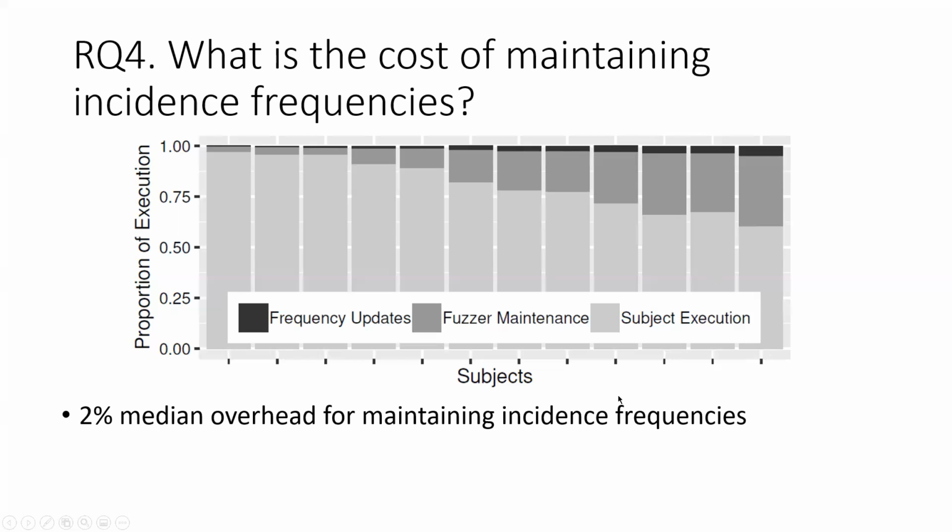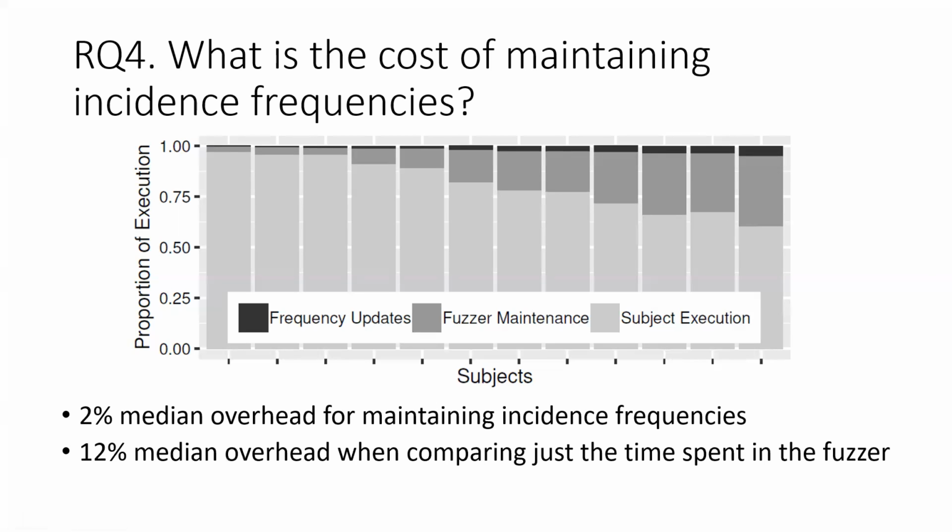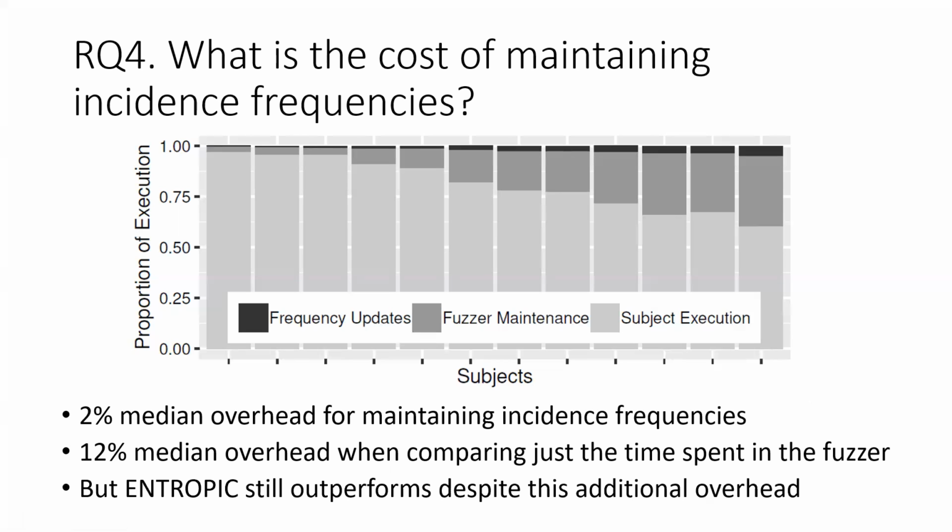So there's only about a 2% median overhead for maintaining the incidence frequencies. And if you just compare the time they spent in the fuzzer, then it's a 12% overhead. But despite this overhead, Entropic still outperforms the baseline.